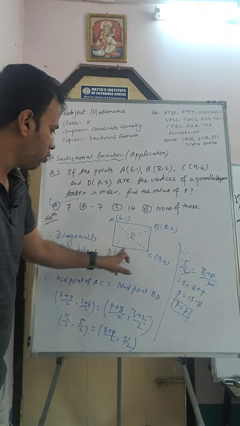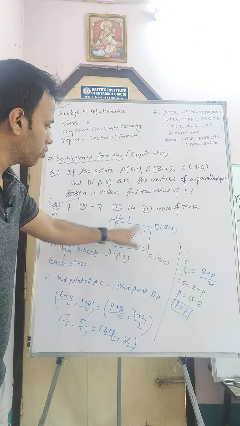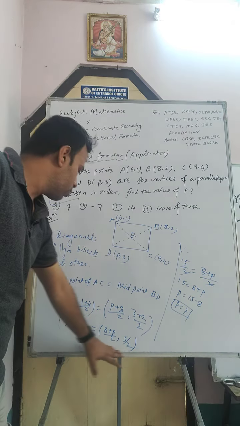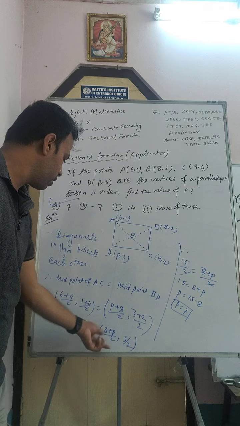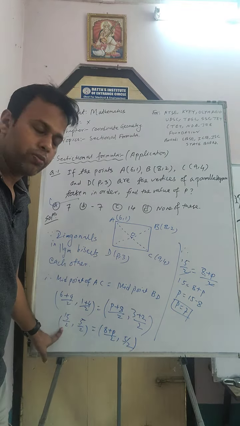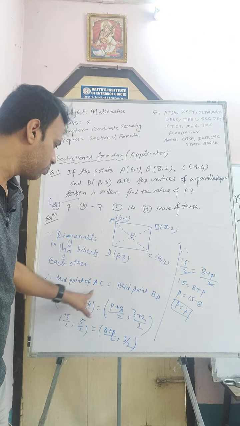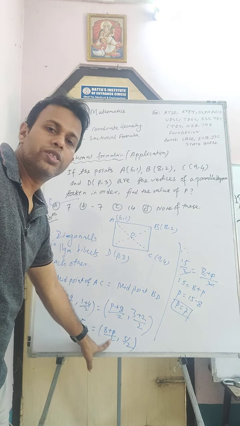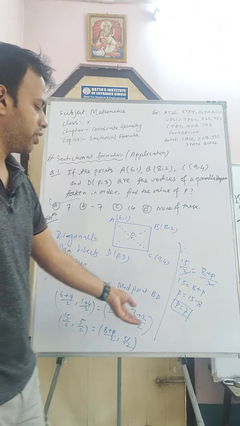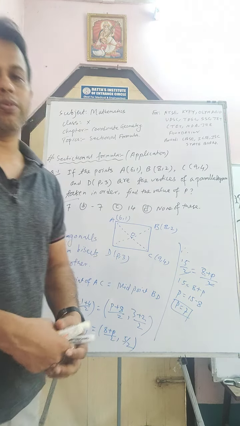This plus this by 2, (x1 plus x2) by 2. Here (y1 plus y2) by 2. And here also the same. So now if you look at the points on the left side and right side, this one is 5 by 2, this one also 5 by 2. So the x coordinate of the midpoint of AC and the coordinate of this one will be equal, is not it? So 15 by 2 equal to (8 plus p) by 2. So after the simplification what becomes? P equal to 7. Okay.